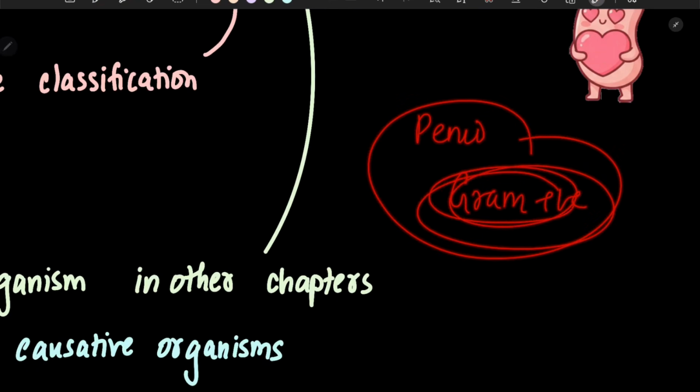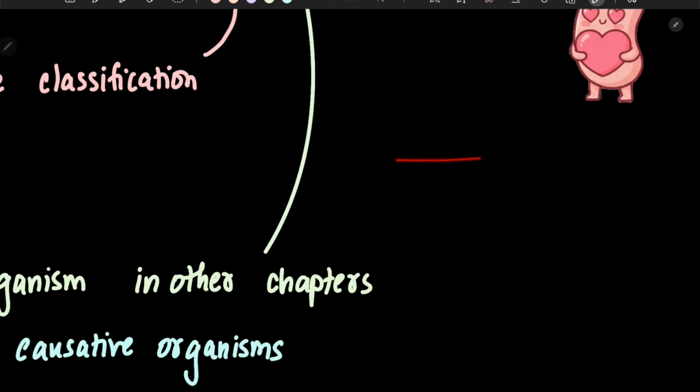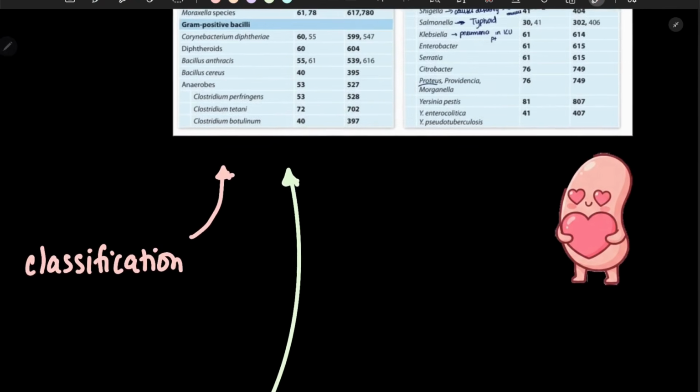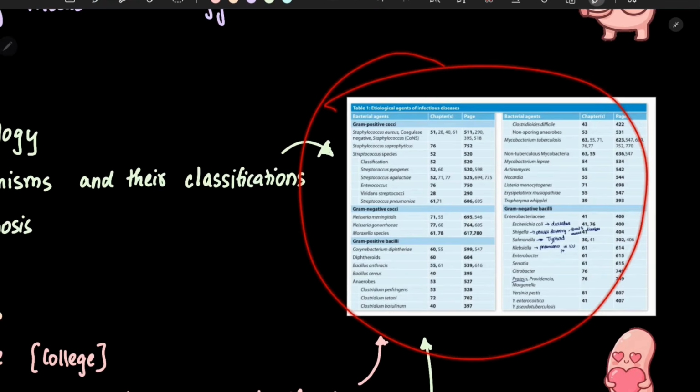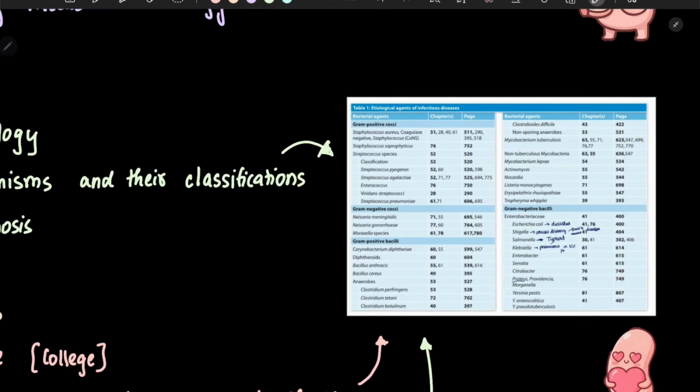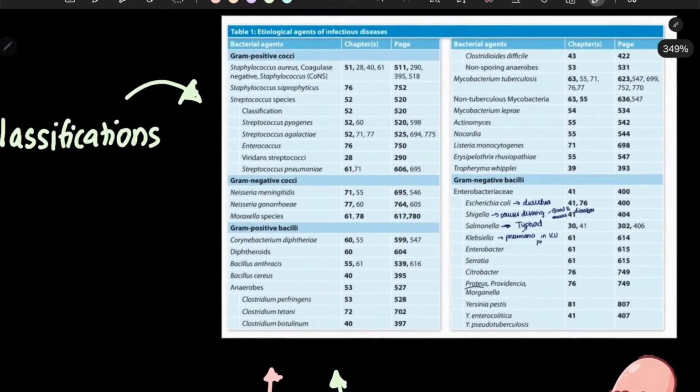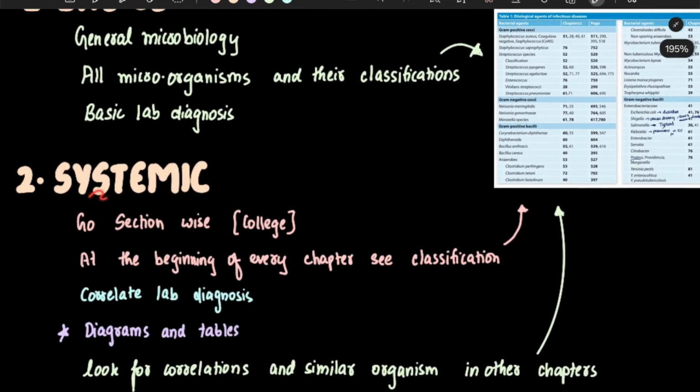Now when you don't know what gram positive organisms are, how will you understand where penicillin is given, right? So I cannot stress enough on this section, so please do this in a very dedicated way, even when you're doing systemic.